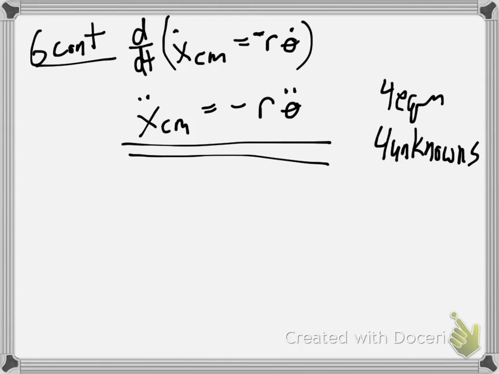But in a different case, like this case, where the center of mass is not in the center of the object, it's less intuitive. So going through this relative velocity equation is pretty much required in that case. Okay? In a simple case like this, sure, I expect you to just say, oh yeah, x double dot of the center of mass is minus r theta double dot, right? It's simple. But the true constraint for rolling without slipping is the fact that the contact point between the object and the surface has 0 velocity.